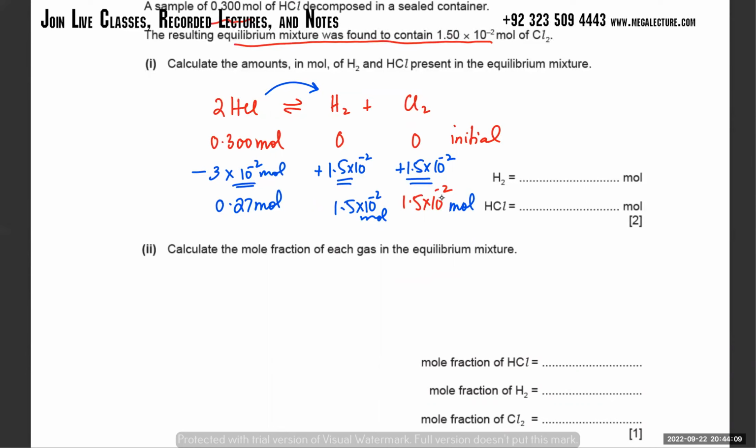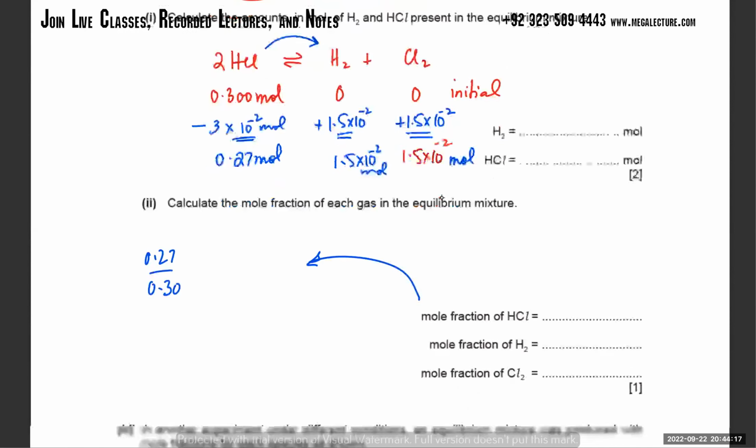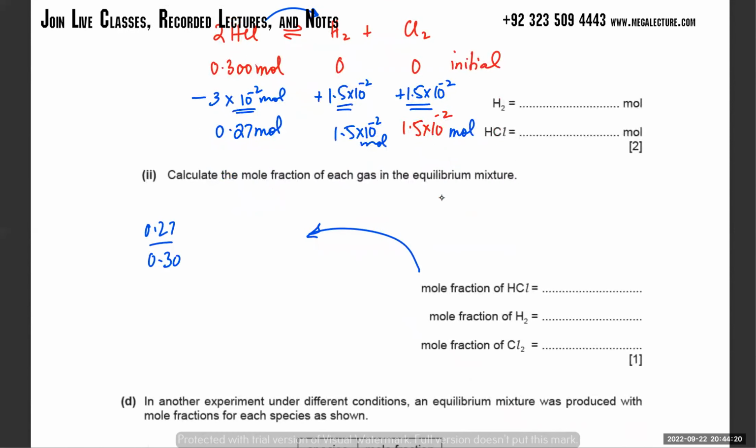So the mole fraction of HCl is going to be 0.27 divided by 0.3, right? The mole fraction of H2 and Cl2 will be 0.015 divided by 0.3 as well.